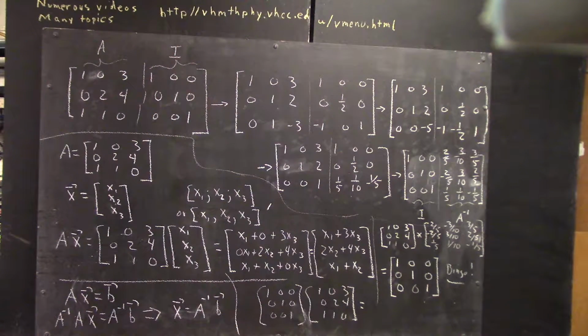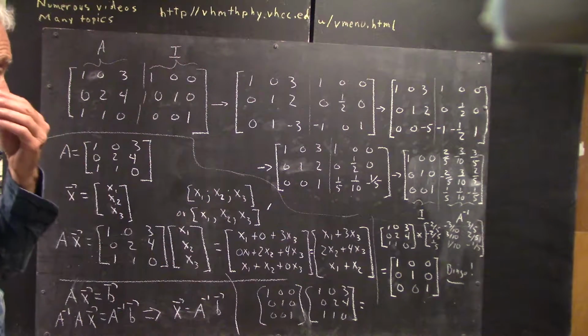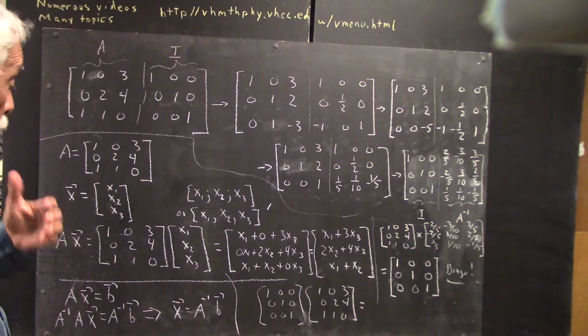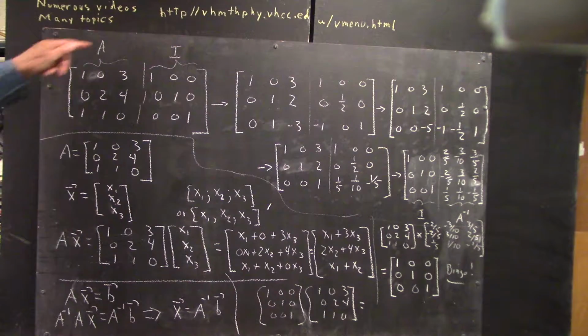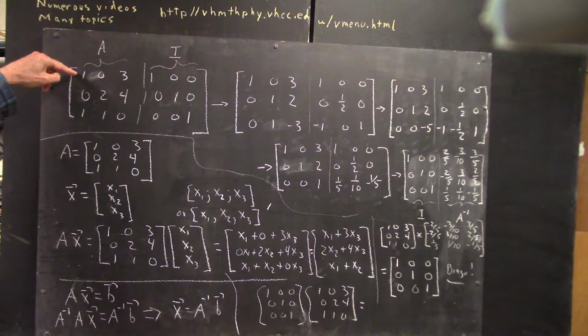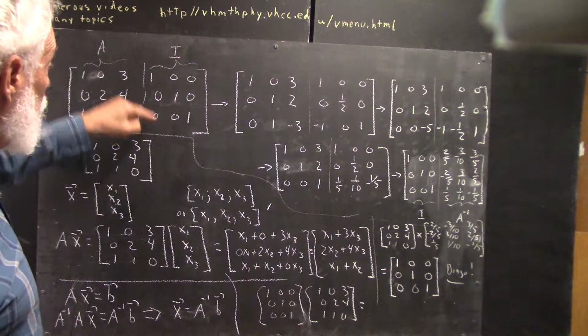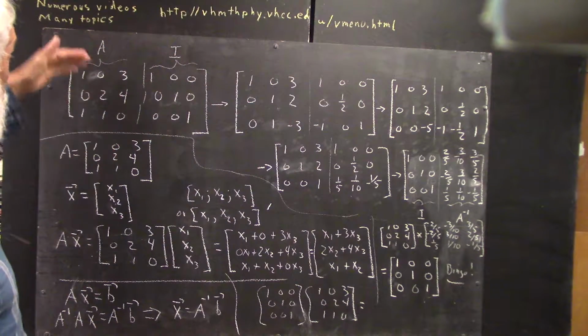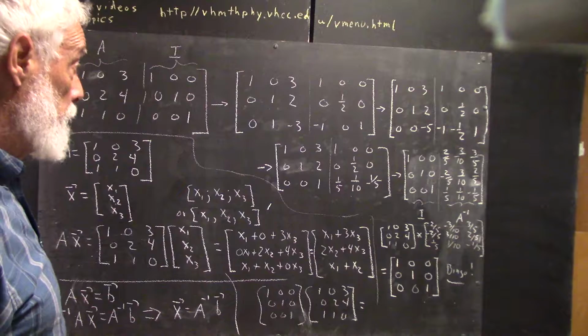Now, how do we find an inverse matrix? Okay, well, it's a little bit complex, but it involves operations that you're perfectly capable of doing and that you know how to do if you know how to reduce a matrix, because all we do is we take the A matrix and put it here, and we take the identity matrix of the same dimension and put it here. So we augment the A matrix with the identity matrix.